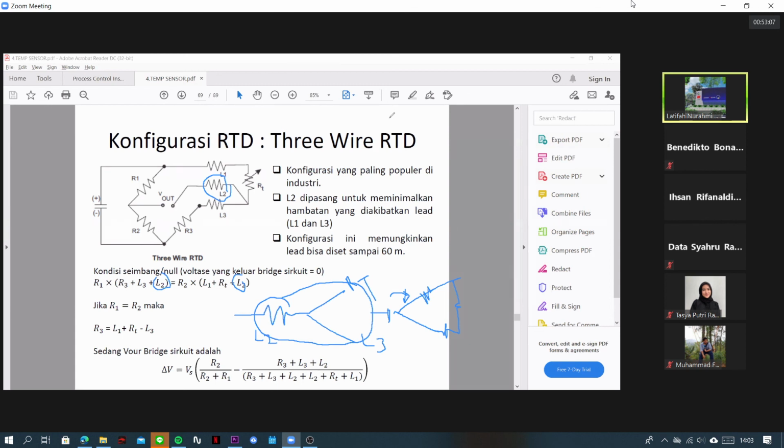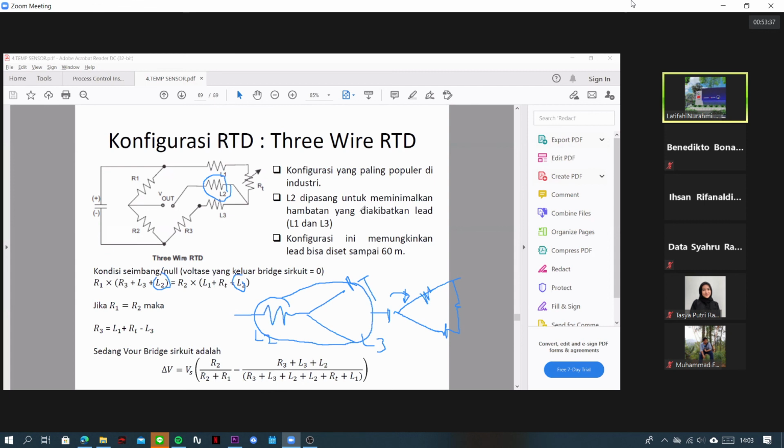Kalau di fisika dasar seingat saya tidak. Di fisika dasar itu sekadar rangkaian kabel, kemudian ada hambatan, yang bisa kita bilang paralel, serial, kemudian kita ganti, atau yang kamu sebut sebagai pengganti itu.